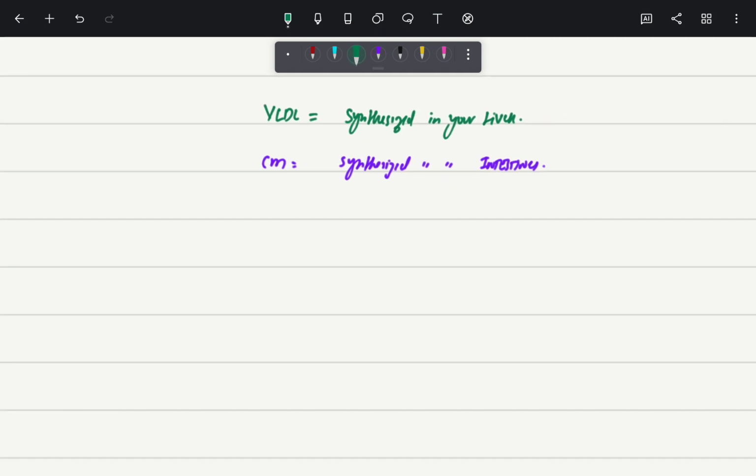Very low density lipoprotein will have ApoB100 as its marker, and chylomicrons are going to have B48 as their marker. These things are very important.